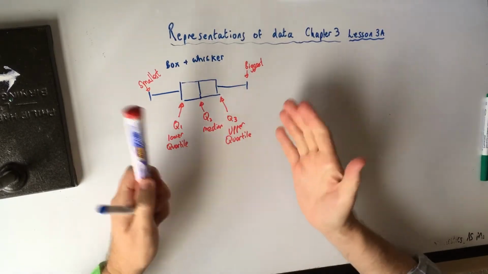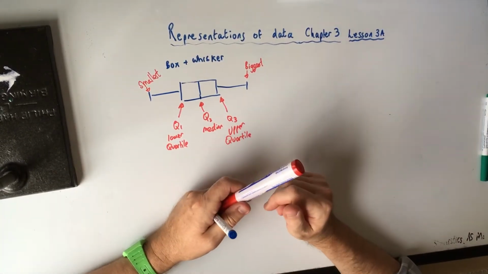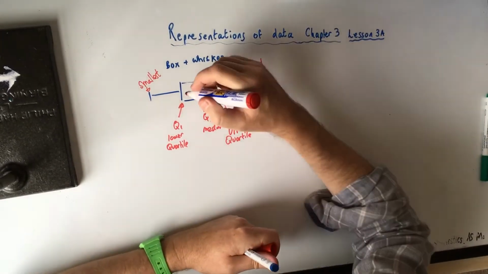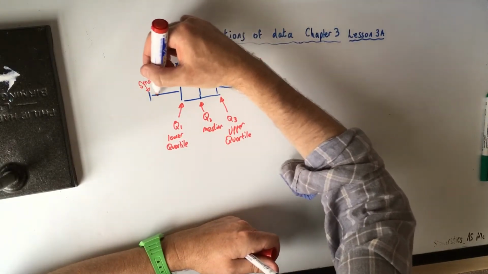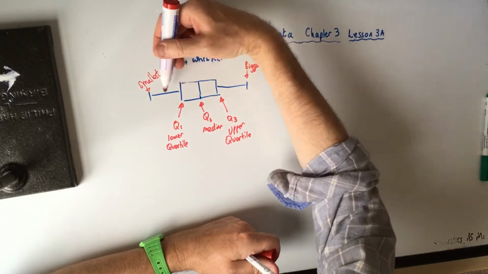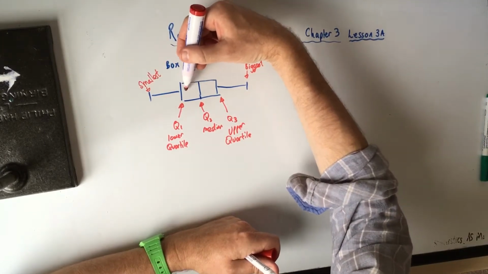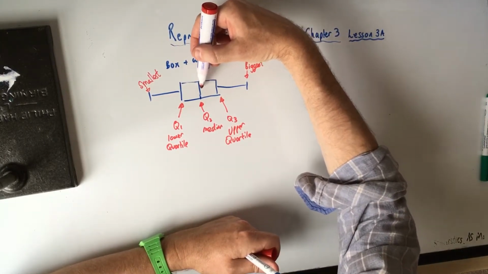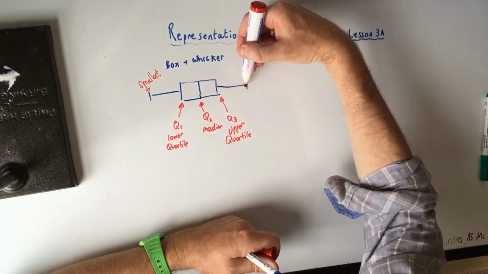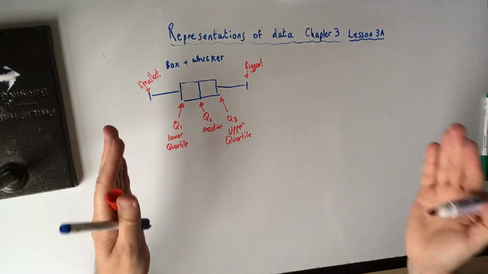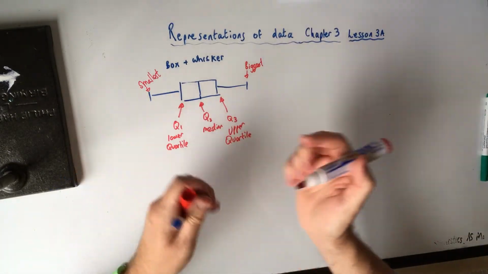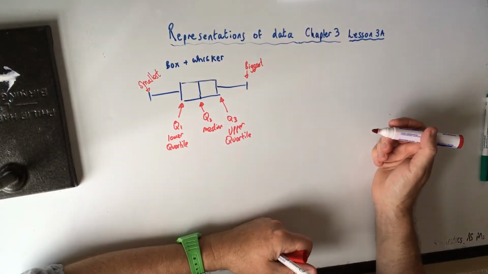So that's a box and whisker plot. This distance here, between each line on your box, is 25% of the data. So 25% of the data values fall in that range, 25% in this range, 25% between the median and the upper quartile, and 25% between the upper quartile and the biggest value. A box and whisker plot splits the data into 4 parts.